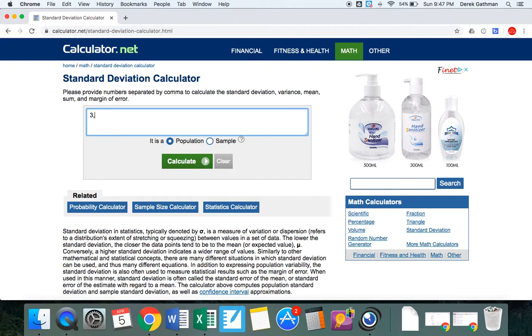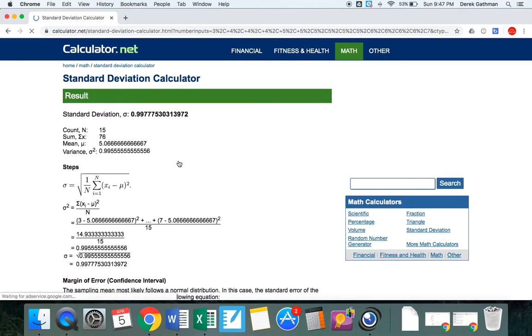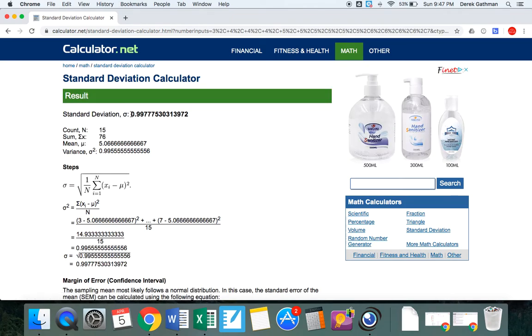So our numbers were 3, 4, 4, 4, 5, 5, 5, 5, 5, 5, 4 6s, and a 7. Put a comma in between each number and then click calculate, and it gives us our standard deviation of 0.99. So our standard deviation is about 1. That means on average our points are about 1 unit away from our mean.